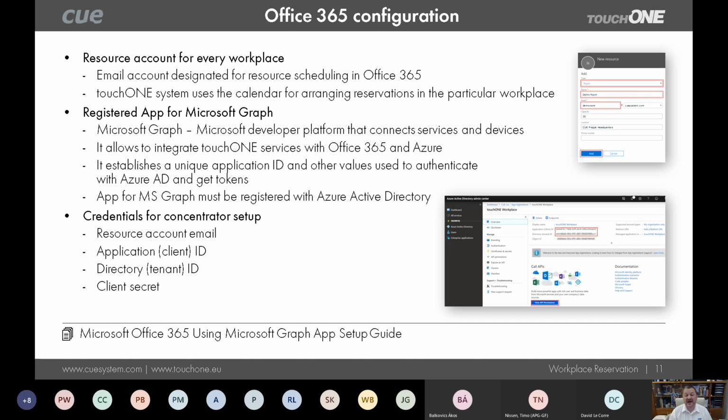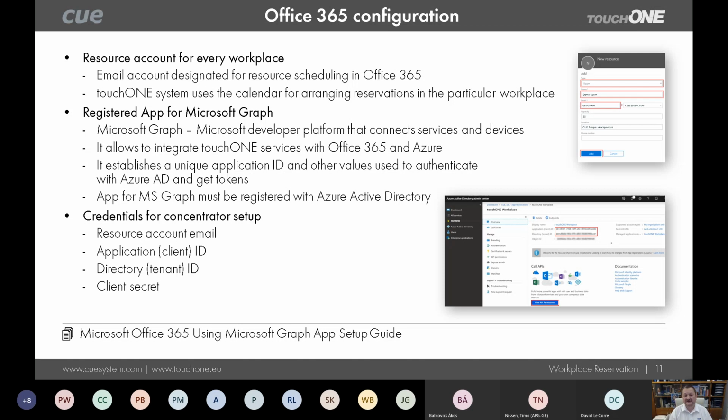At the bottom of this slide, you see there is a setup guide we prepared for you to tell you how to do this preparation in Office 365 if you want to use Office 365 together with the workplace reservation solution touchONE.